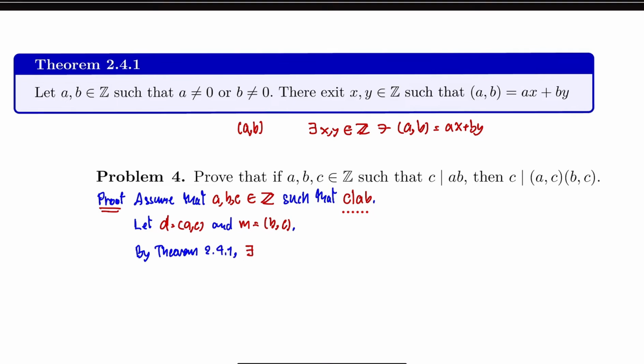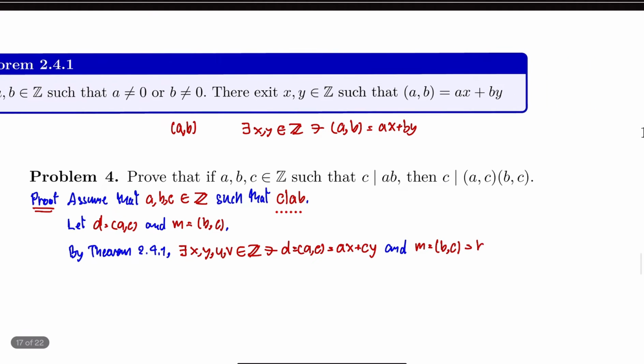There exist, I'm going to use x, y, u, and v such that the greatest common divisor of ac equals ax plus cy, and the greatest common divisor of bc is bu plus cv.